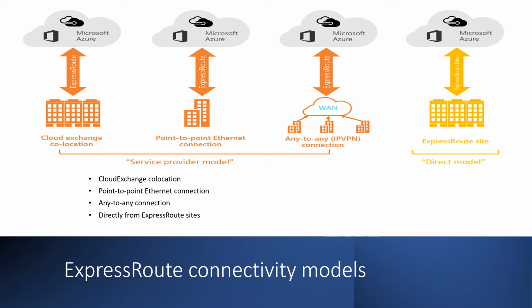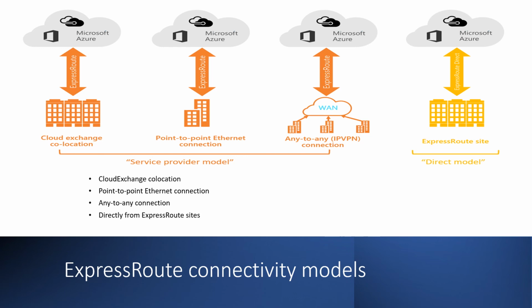As you see on the screen, with any-to-any connectivity, you can integrate your WAN with Azure by providing connections to your offices and data centers. Azure integrates with WAN connections to provide connections like you would have between your data center and any branch office.